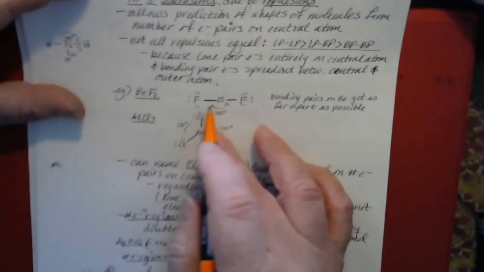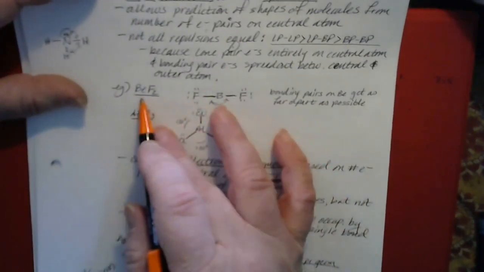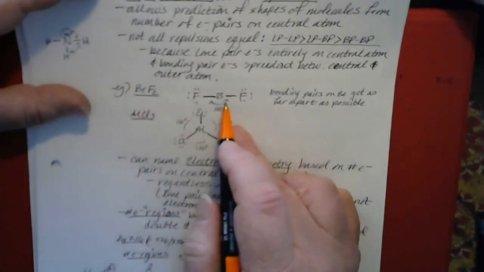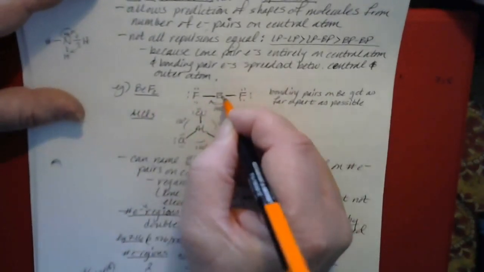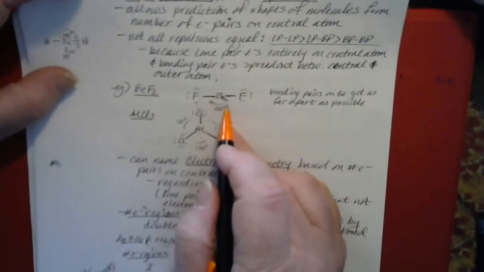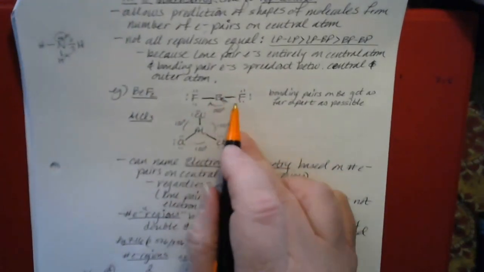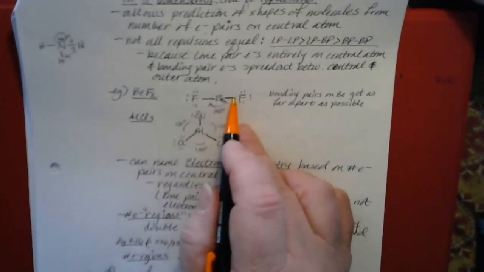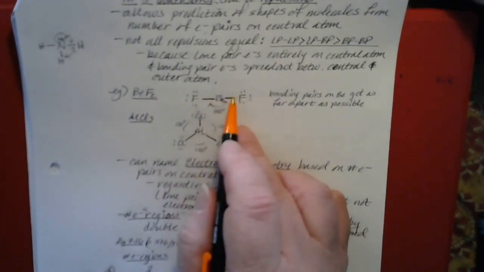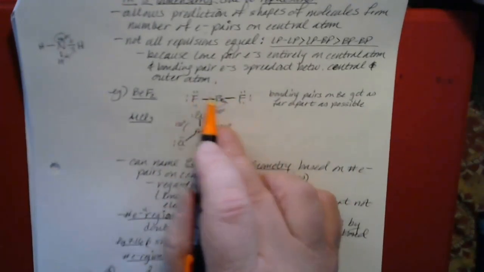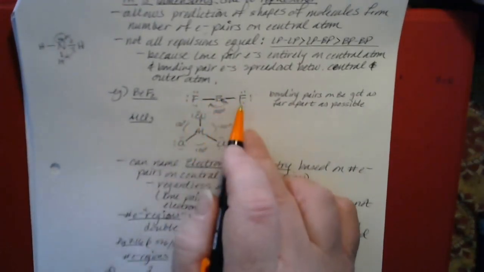So an example where we can start out with VSEPR fairly simply is something like beryllium fluoride. The Lewis structure comes out like I've drawn it here, with beryllium having a single bond to a fluorine on one side and a single bond to fluorine on the other side.